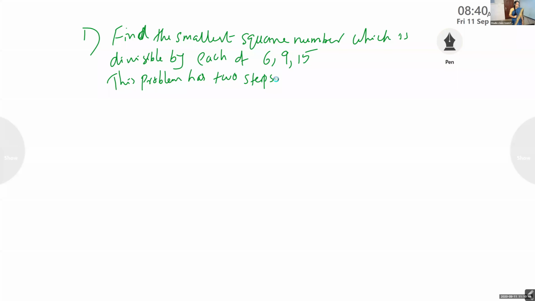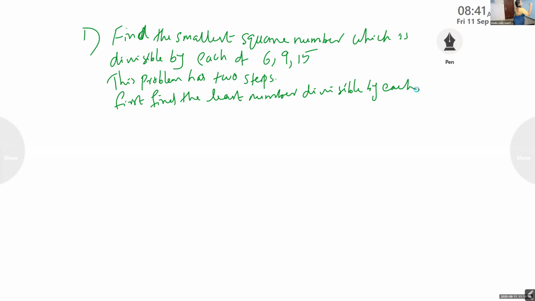First, find the least number divisible by each of 6, 9, 15. That is LCM of 6, 9, 15.